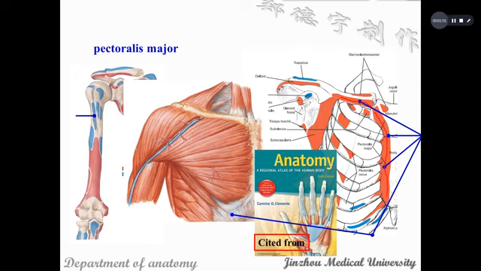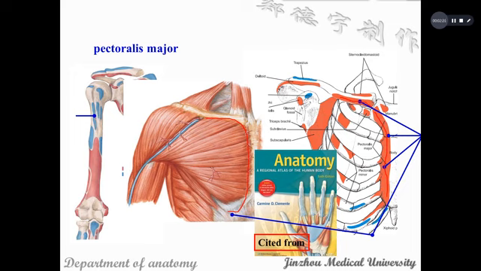This is all the origin. For the insertion, the muscle fibers go to the lateral side, like putting our hand to the thorax, and terminate at the crest of the greater tubercle.